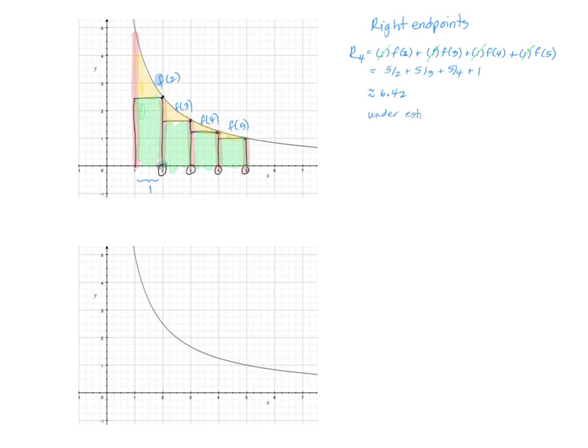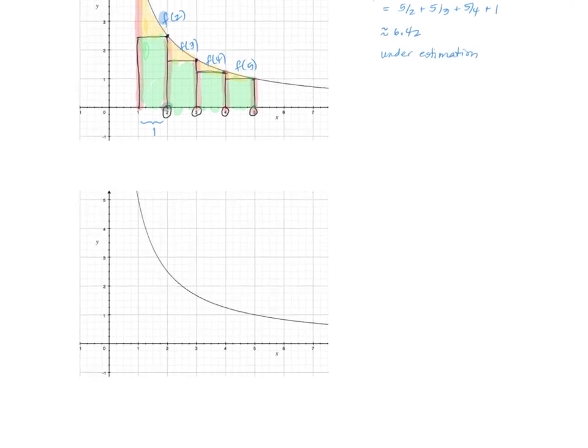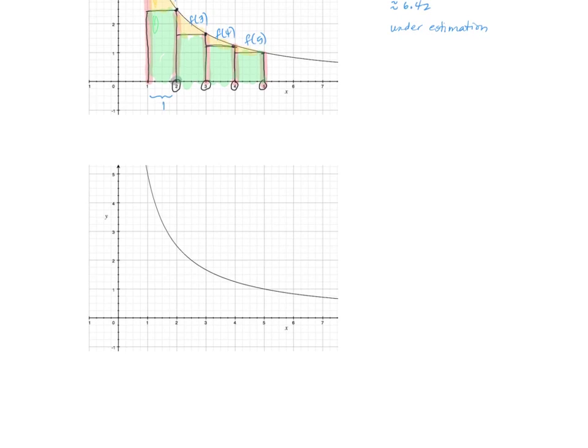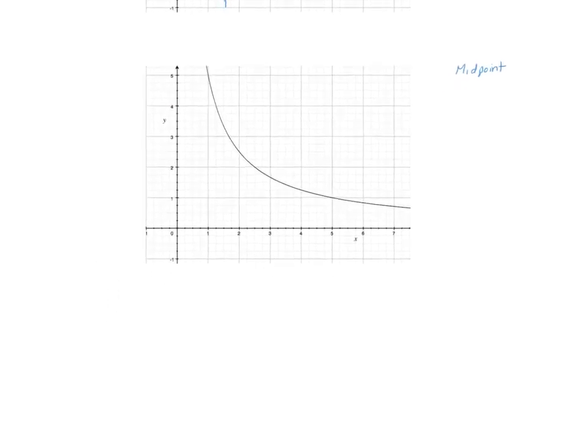So let's compute the areas of these 4 rectangles in a different way. Instead of a left endpoint or a right endpoint in each one of our intervals, let's try a midpoint and see what that looks like. Okay, so again, we're partitioning from 1 to 5, and then we're going to create our rectangles out of these 4 intervals that I've just made.